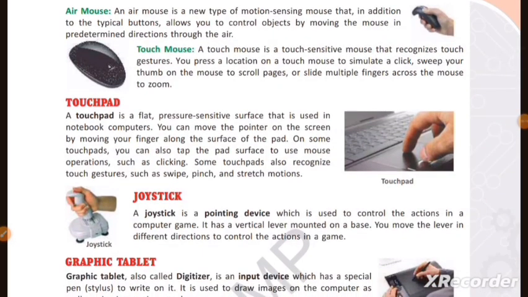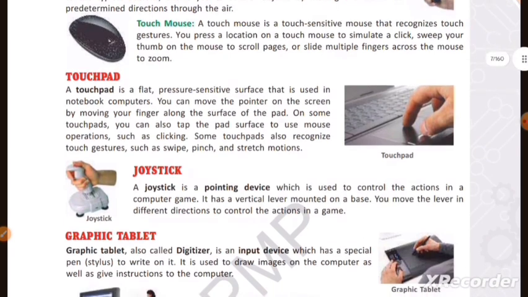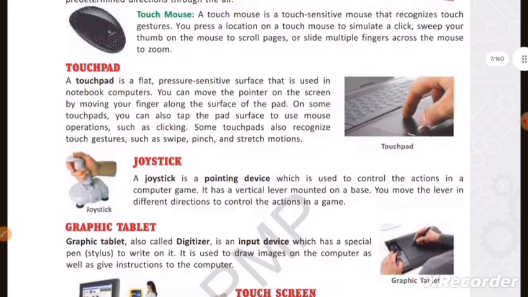The next device is touchpad. A touchpad is a flat, pressure sensitive surface that is used in notebook computers. Notebook computers are basically our laptops. Our laptops contain a touchpad at the bottom. You can move the pointer on the screen by moving your finger along the surface of the pad. Means we can move the pointer on the screen by moving our finger on the surface.